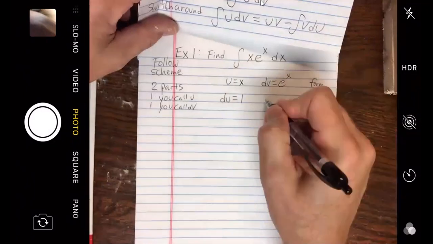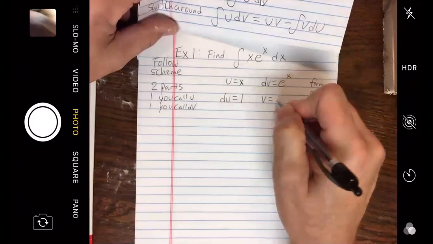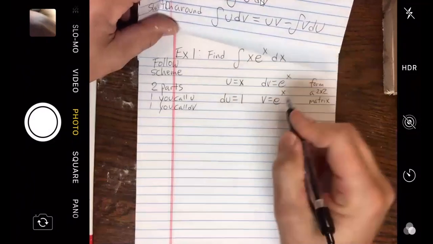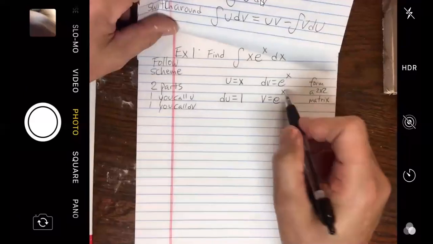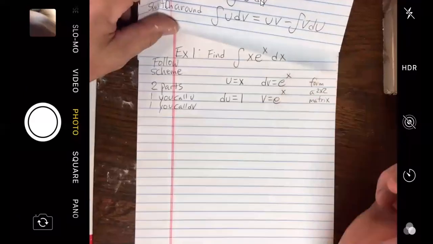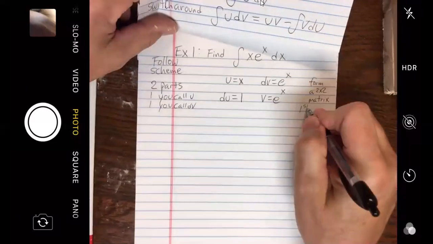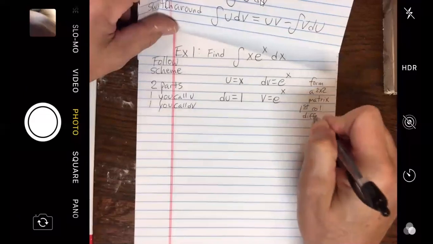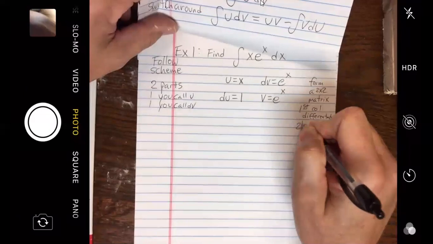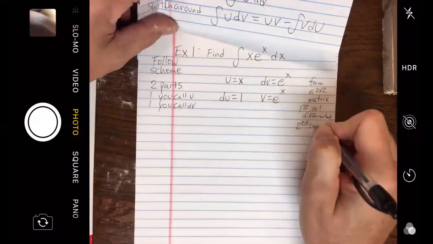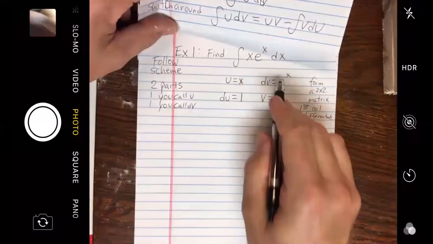Here, in this column, you do the antiderivative, and that's pretty simple, a straight e to the x. We don't write down the plus c here. That'll come at the end. You just do a straight antiderivative and ignore the plus c inside here. So first column, differentiate. Second column, anti-differentiate. And you form your 2x2 matrix.